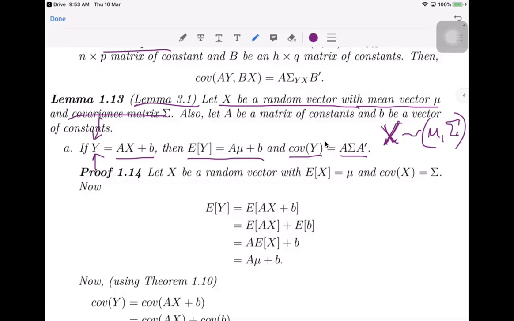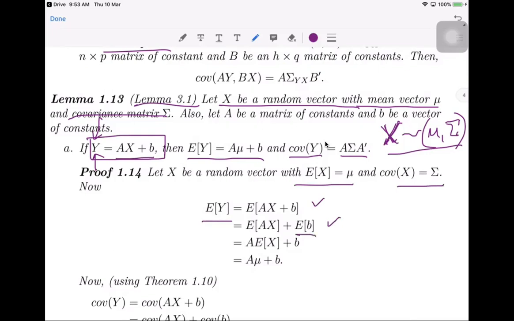For the proof, by assumption, you know that your random vector X has a mean mu and a covariance sigma. So the transformation Y is equal to AX plus B, which is this one. By linearity of expectation, you have that one.